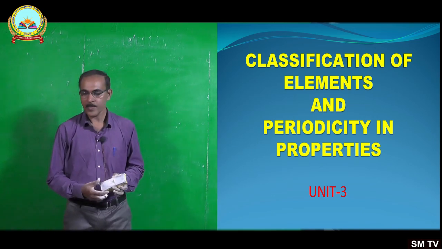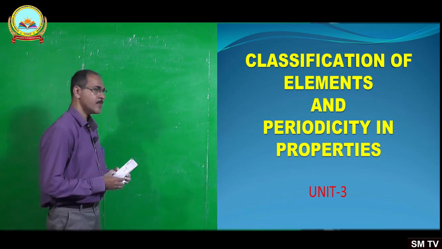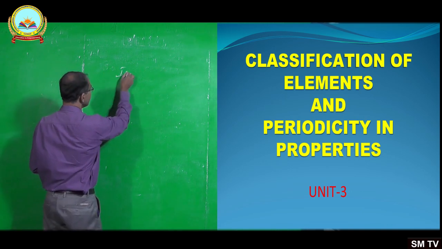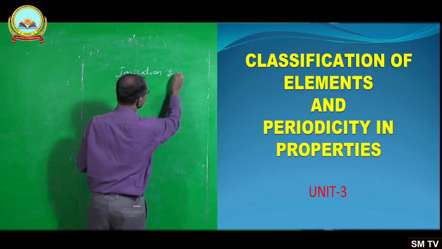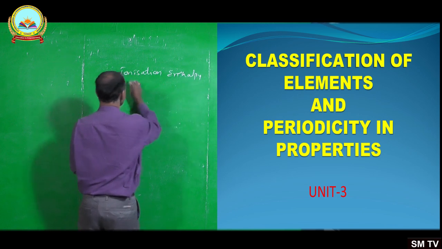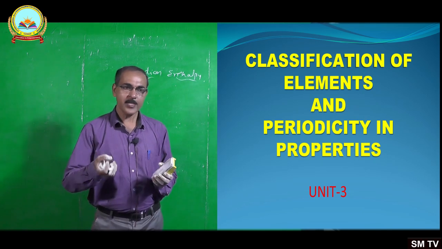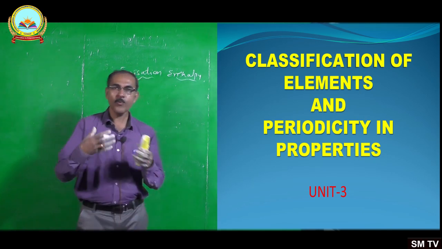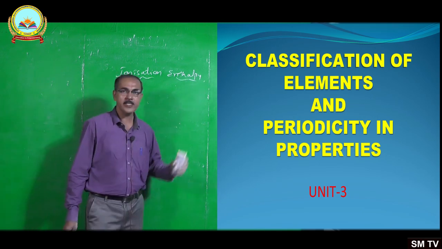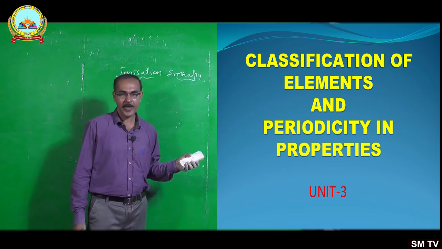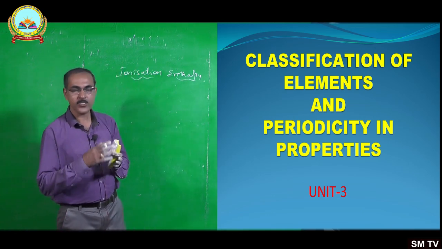Now, the next concept we discussed is ionization enthalpy. Ionization enthalpy is the amount of energy required to remove an electron from an isolated gaseous neutral atom.